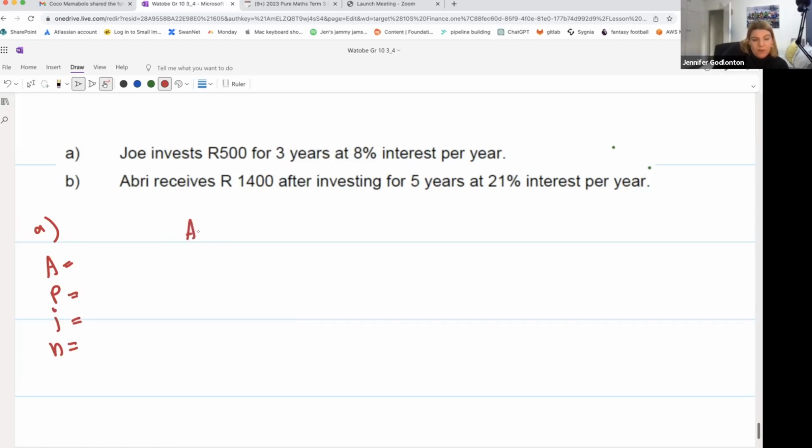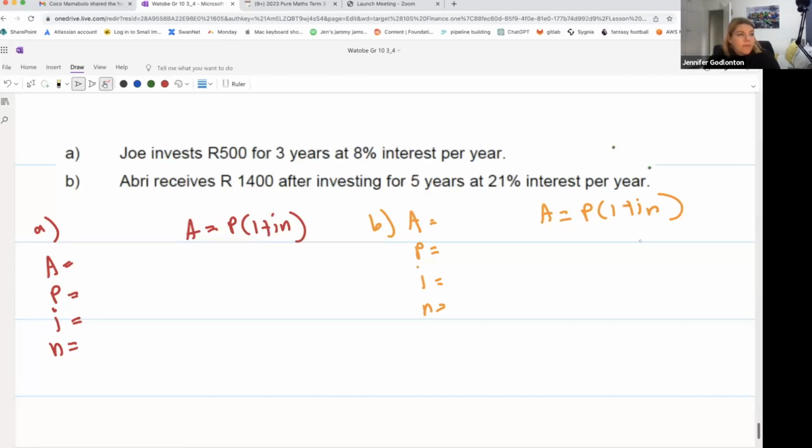And then we're going to just pop it into our formula. Okay. Let's see how these 2 go.